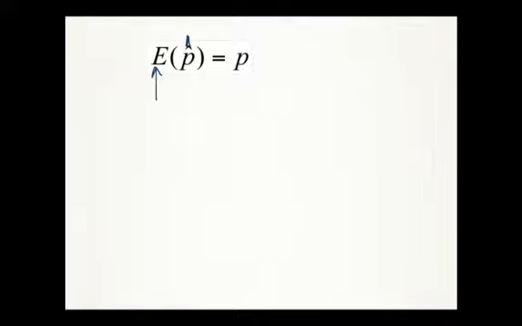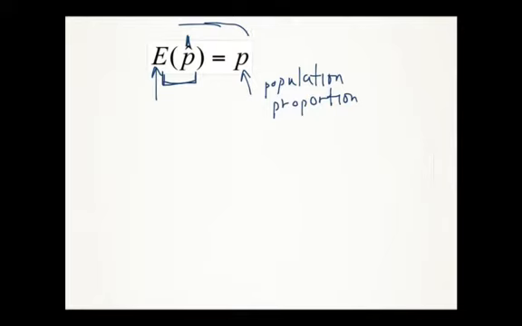That means the expected value of our sample proportion is the true population proportion. That's a good thing. That's called being an unbiased estimator. This characteristic, that the expected value of your estimate is equal to the population proportion, means that it's an unbiased estimator. So that's a good characteristic. We want unbiased estimators.